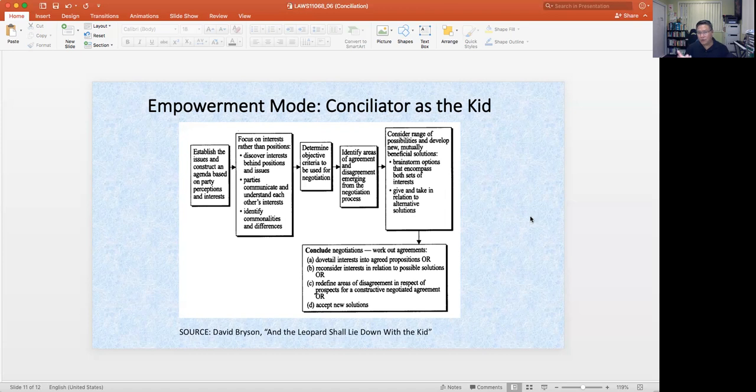Now, one of the cautions there, one of the warnings is that, remember, as we said, the conciliator has a difficult position in the sense that on the one hand, the conciliator wants to have the parties reach an agreement that the parties are happy with. But at the same time, the conciliator is working on the basis of certain statutory and administrative law expectations.